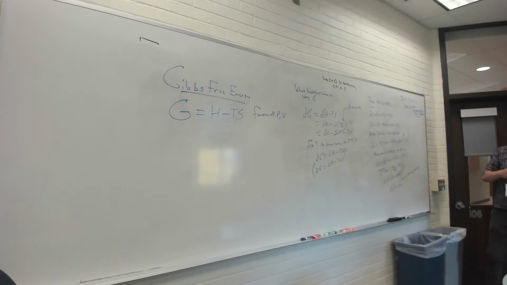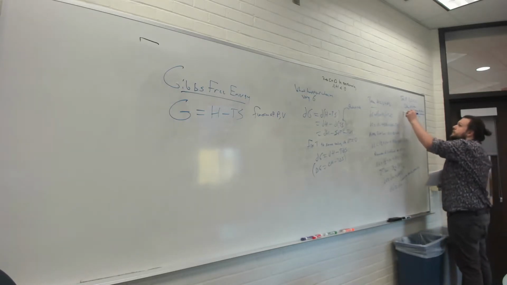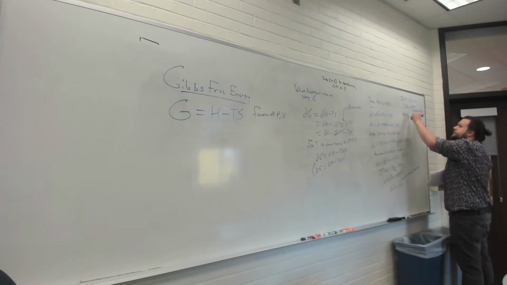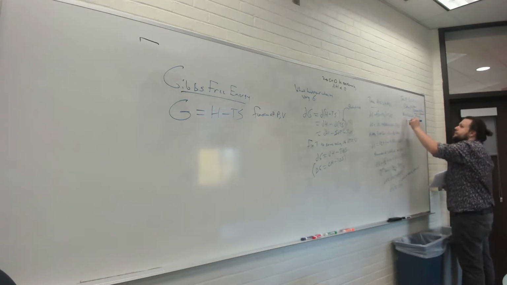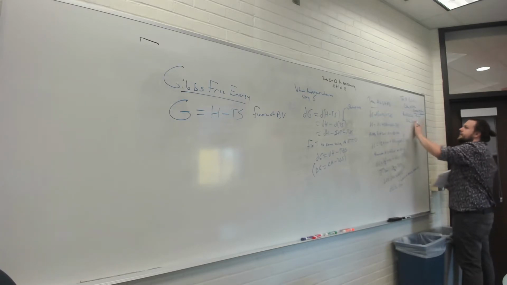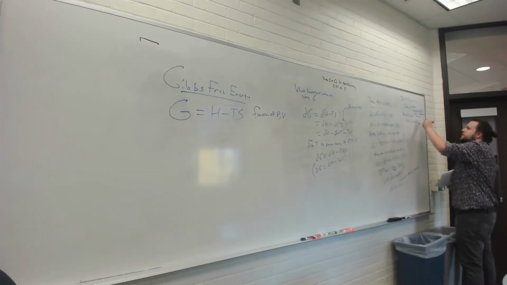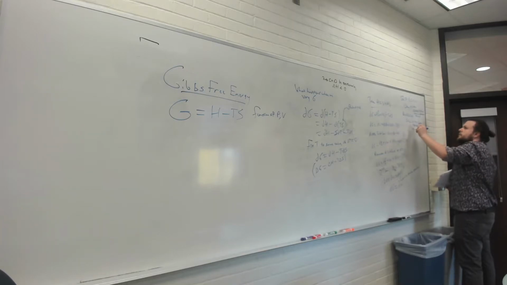That's energy we can use. But if delta G is greater than 0, then the amount of work that is put in is greater than 0, which means that the system requires work, additional work, to be spontaneous.